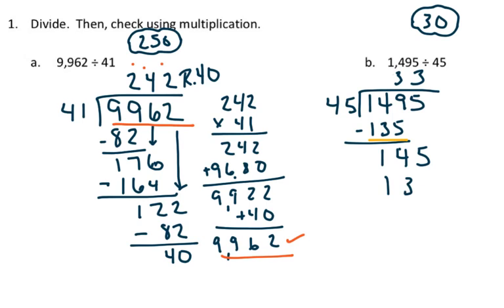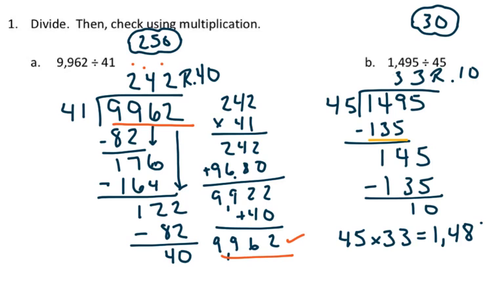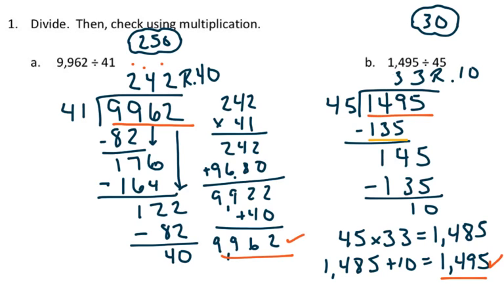So 135, subtracting, and I have a remainder of 10. When I do my multiplication, 45 times 33, I have a product of 1,485. If I take that product and add the remainder, I have a sum of 1,495. And that matches my dividend in the original problem. So this means it checks and it works out.